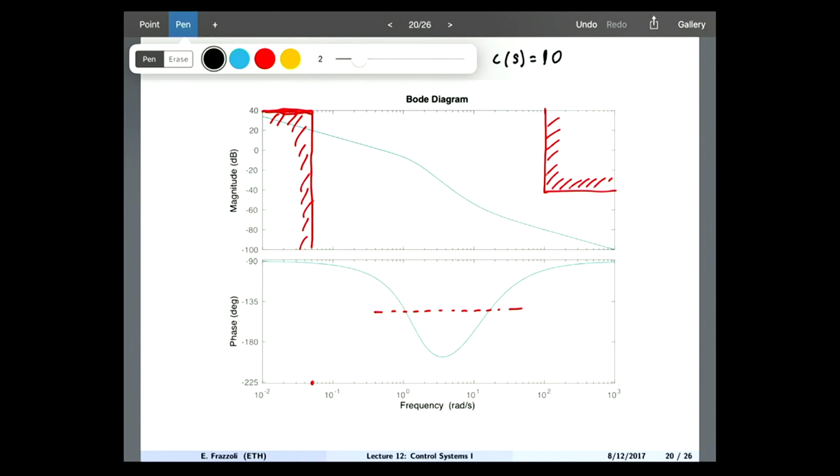Oh, by the way, if we were to draw the asymptotic Bode plot, what would it be? So I'm increasing it by 10, with something like that. Here I have 2 poles, right? And then I have 2 zeros here, if I remember correctly.